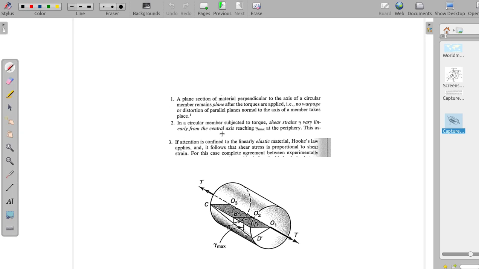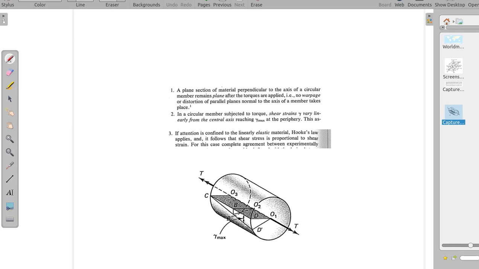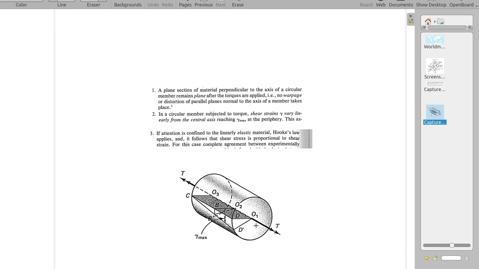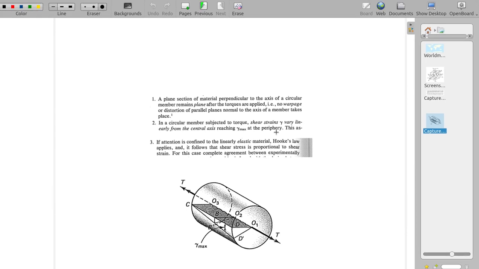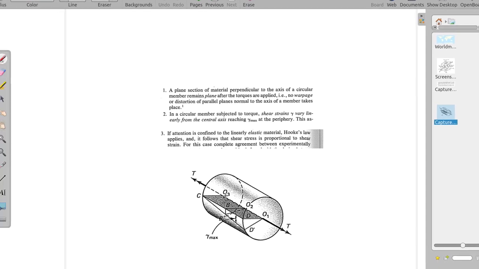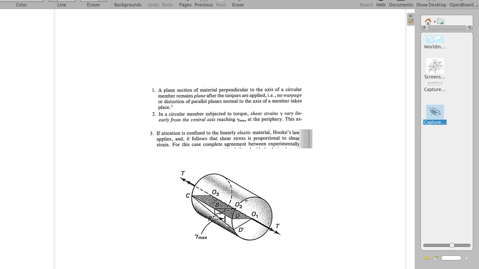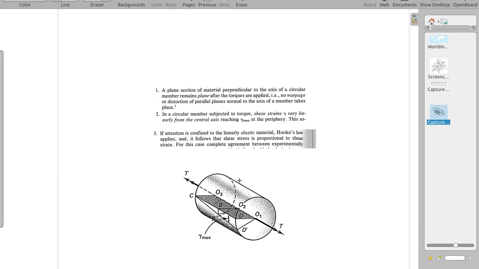The first one is that the plane section of the material perpendicular to the axis of the circular member remains plane even after torques are applied. So if you have such a circular member, take a plane which is perpendicular to the axis of the circular member. Which is the axis of the circular member? This one. So take any plane perpendicular to the axis of the circular member and it remains plane even after torques are applied.